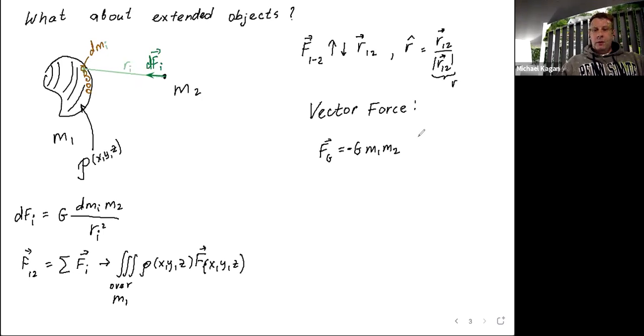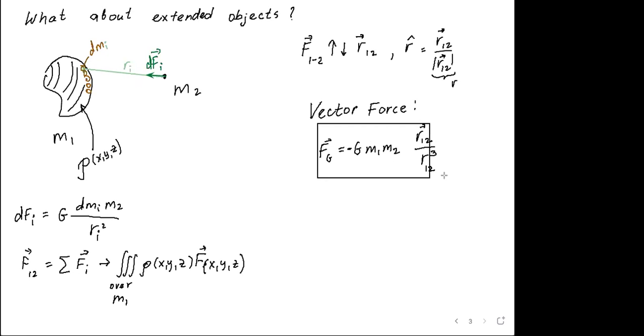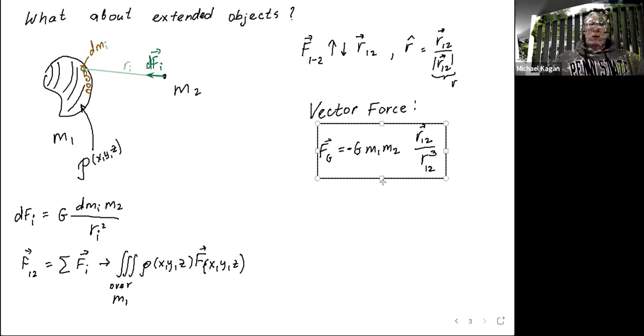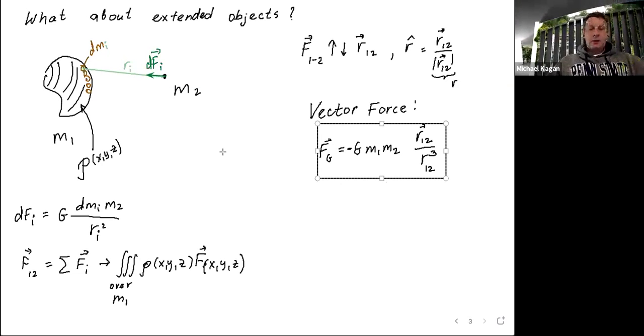So the way it works is the following: r12 over r cubed. Cubed, not 3. Folks, are you with me? Yeah. Okay, so this is how you treat the vector force. Then you can plug it into the integrals and do some other stuff.